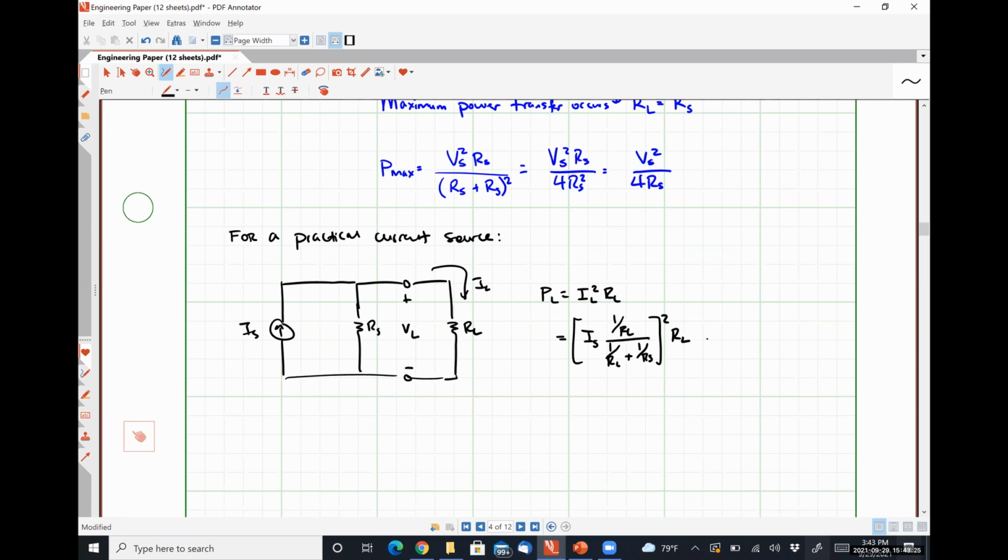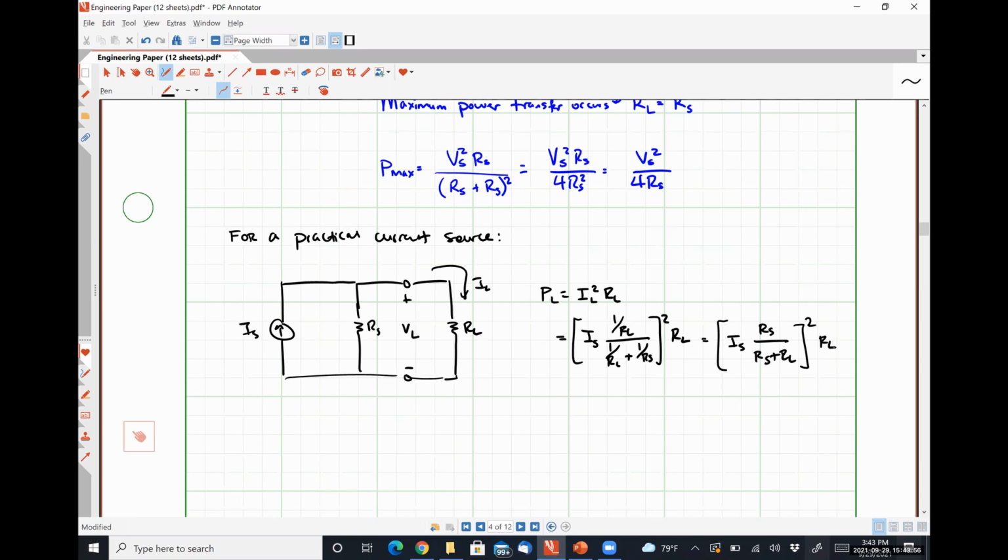Actually, I can make this as IS times RS over RS plus RL quantity squared times RL. And if we recognize that IS times RS is just the VS from our previous work, we should observe that we get the exact same results.